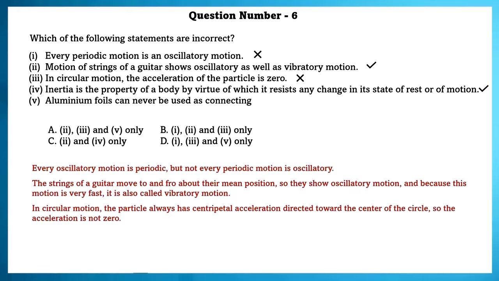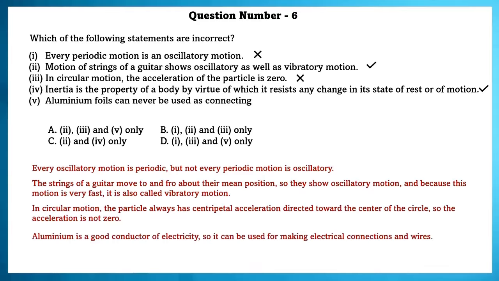Yes, this is true. Fifth one, aluminium foils can never be used as connecting wires. Aluminium is a good conductor of electricity, so it can be used for making electric connections and wires. So the fifth one is also incorrect. The incorrect ones are 1, 3 and 5.